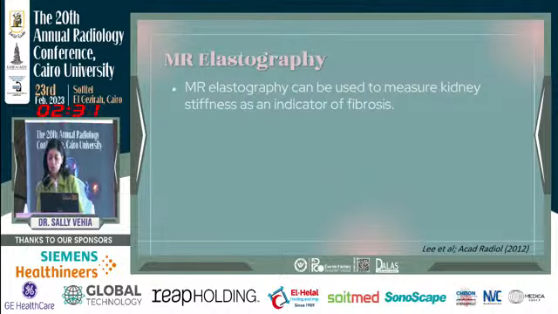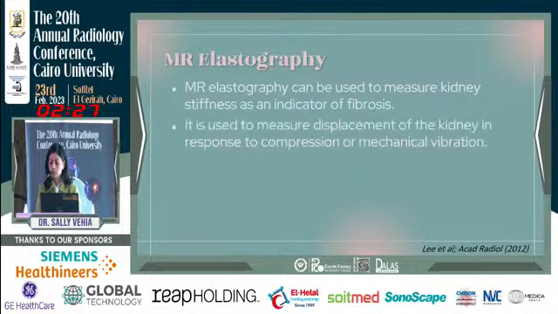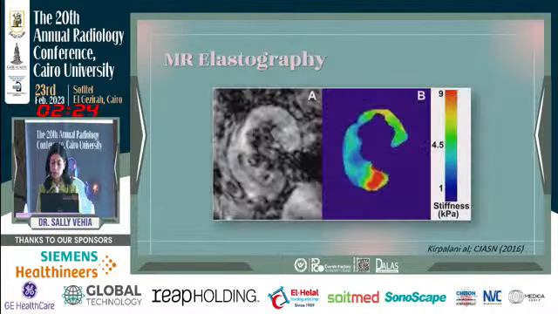MR elastography can be used to measure kidney stiffness as an indicator for fibrosis. Image B shows the corresponding stiffness map for the same kidney, where blue represents softer tissue and red represents stiffer tissue. The color bar is shown on the side.